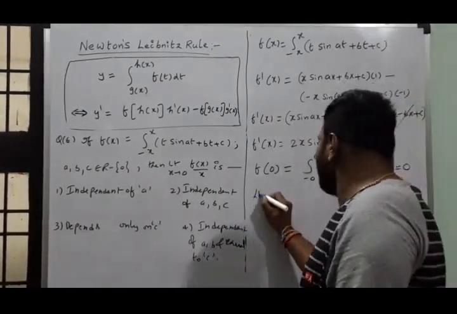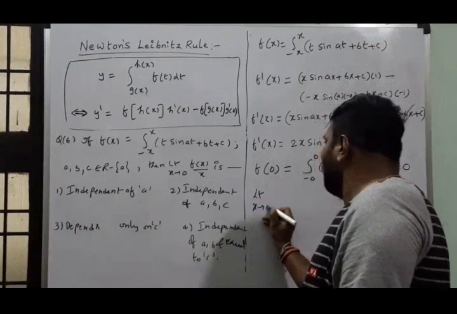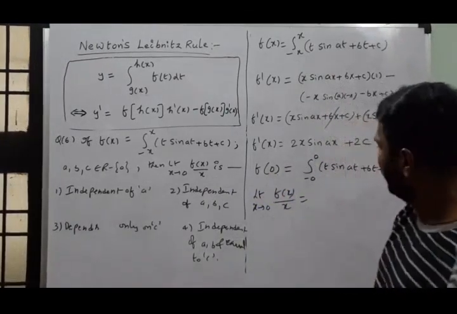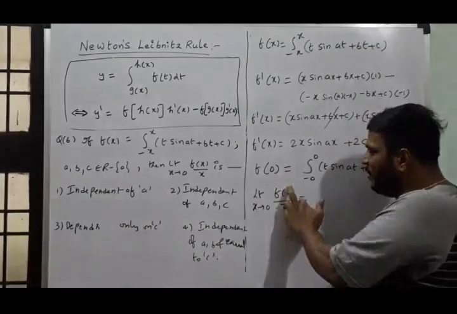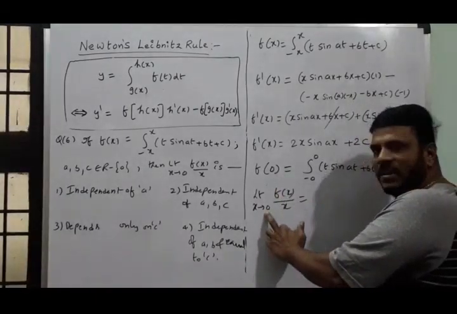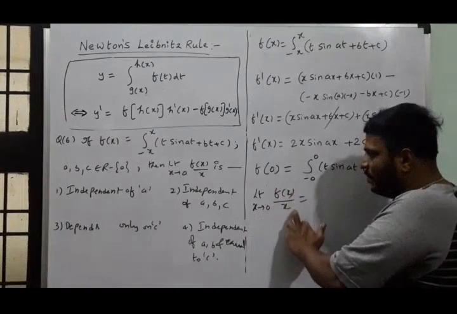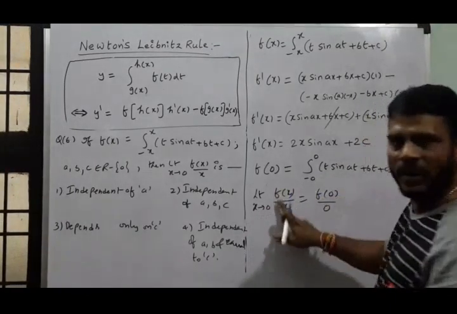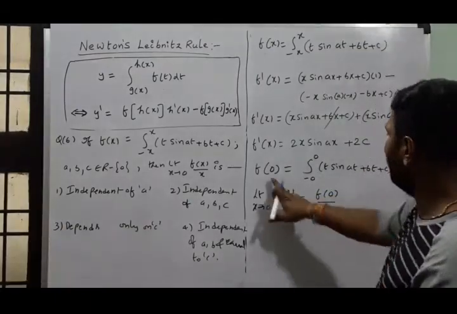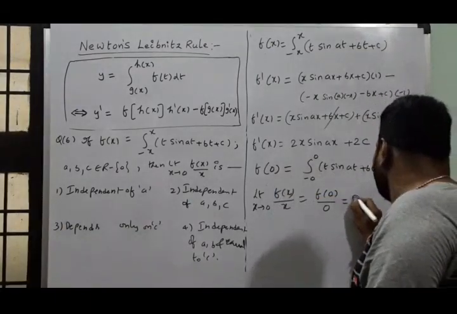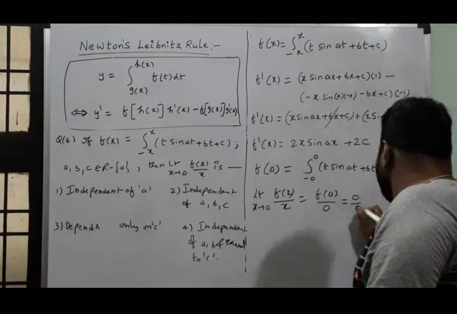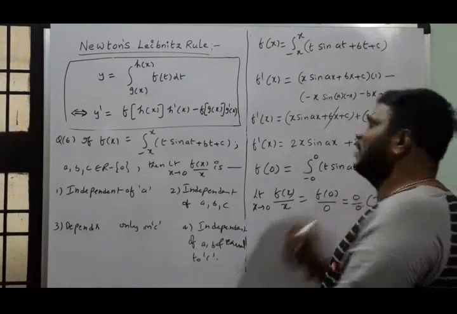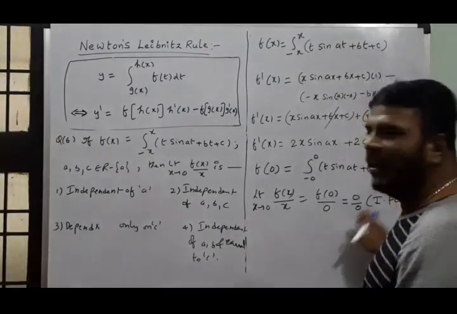So limit x tends to 0 of f of x by x, substitute x tends to 0, so f of 0 by 0. What is f of 0? 0. What is the denominator? 0, which is an indeterminate form.